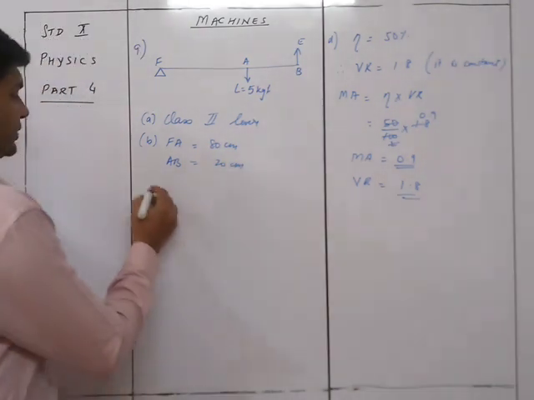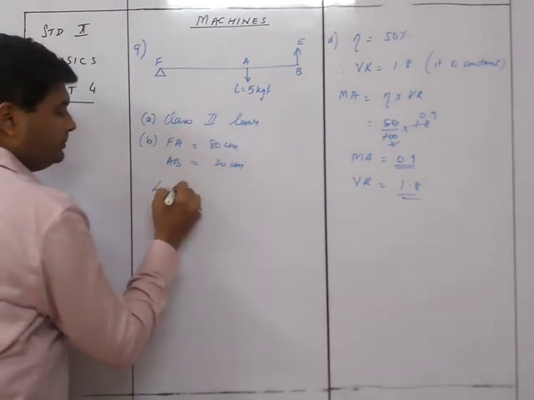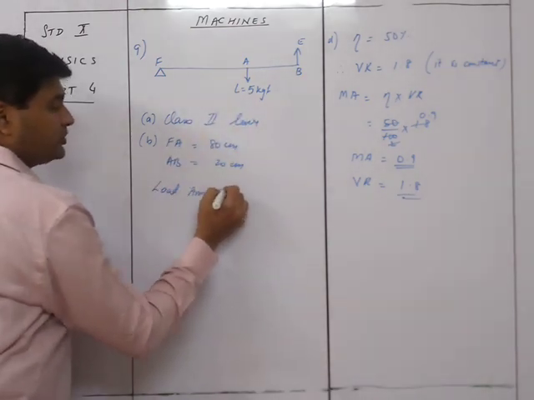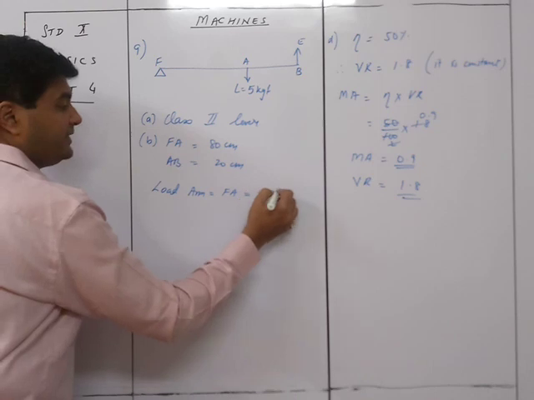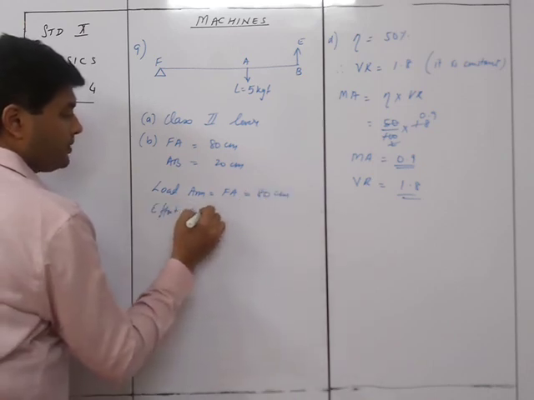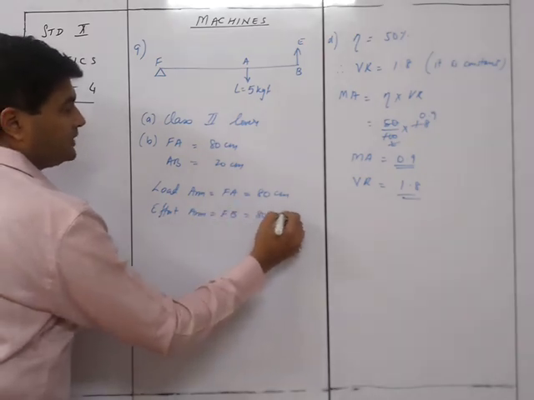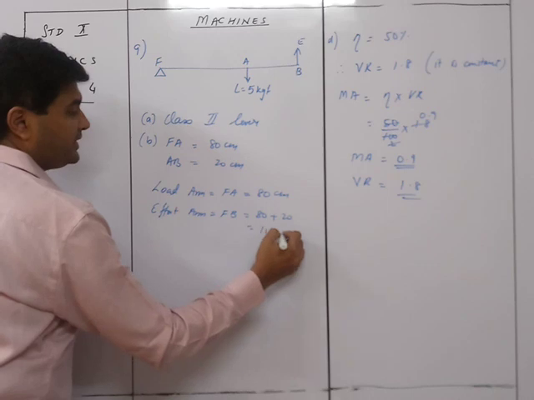Find the mechanical advantage. So here we see that FA is nothing but the load arm. So load arm is equal to FA is equal to 80 centimeters, and the effort arm is equal to FB is equal to 80 plus 20, which is 100 centimeters.